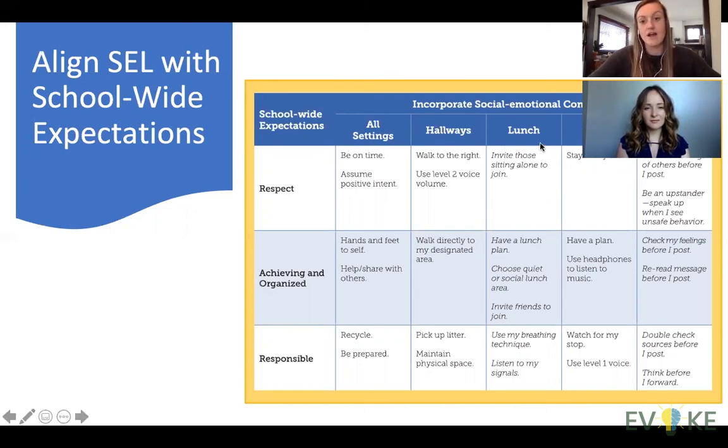So inviting others who are sitting alone to join. And this is a way to align it with being socially aware, being empathetic, and being a member of the community. So it's just part of your everyday practice, but there are quick and easy ways to align it with the school-wide expectations as well that you just see in Tier 1.